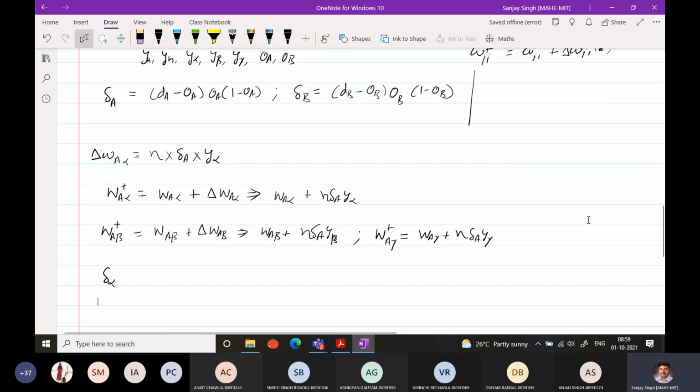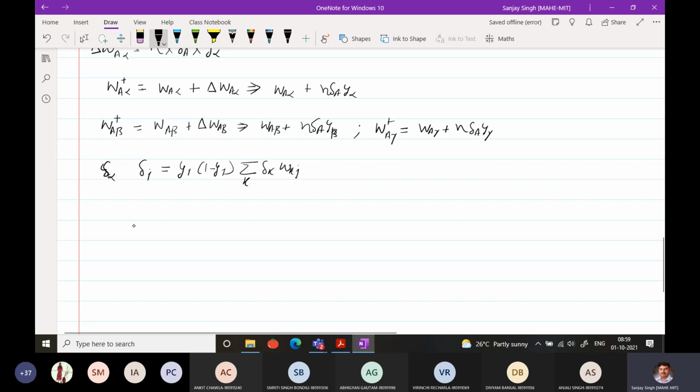So let me write it once again, just for avoiding confusion. Delta j is nothing but yj times 1 minus yj times the summation over k of delta k wkj. Okay. Now with this formula, I am going to talk about delta alpha, which is the output of this one, y alpha times 1 minus y alpha, times the summation over k.